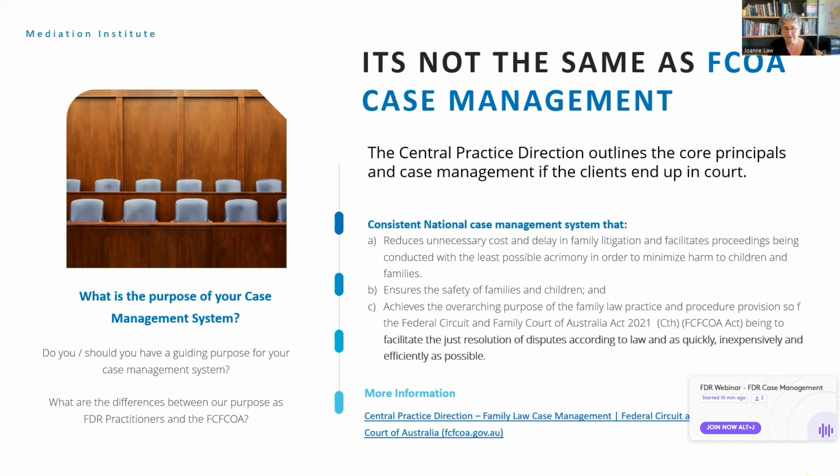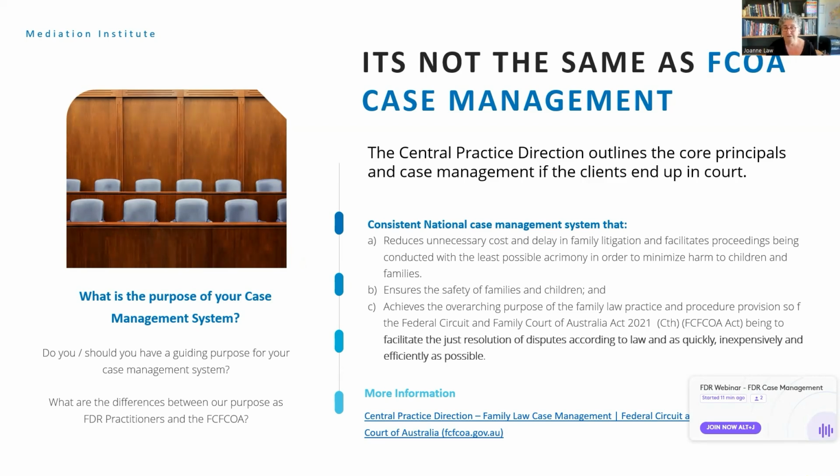The purpose of the central practice direction is really clearly articulated on the Family Court's website and in the documents provided. So hopefully everyone here has already had a good look at that and read it, but if not, it's good to just remind ourselves that it has three key principles or purpose elements.